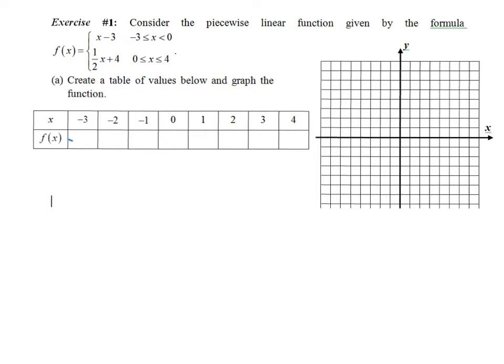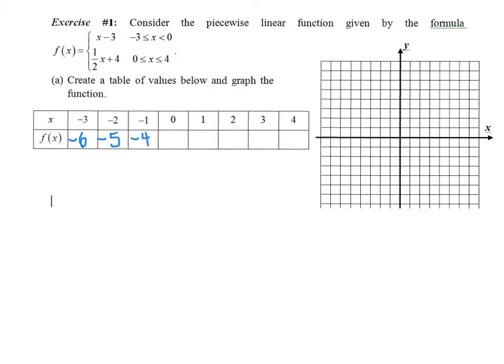Negative 3 minus 3 is negative 6. Negative 2 is also in the domain of the first part of the function, so negative 2 minus 3 is negative 5. Negative 1 is also part of the first function because it's in the domain from negative 3 to 0. Negative 1 minus 3 is negative 4.